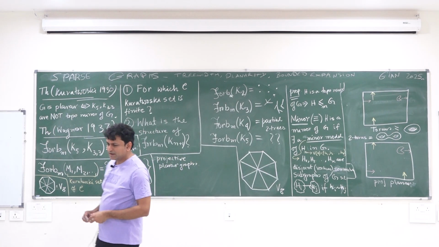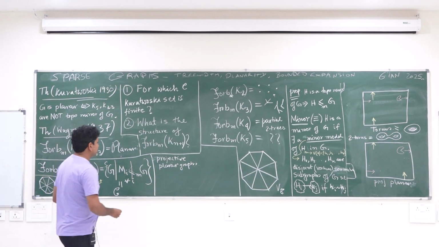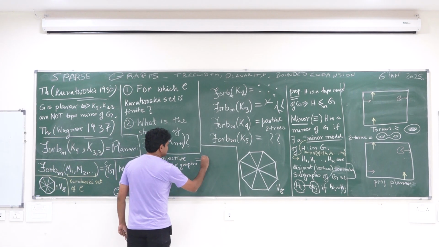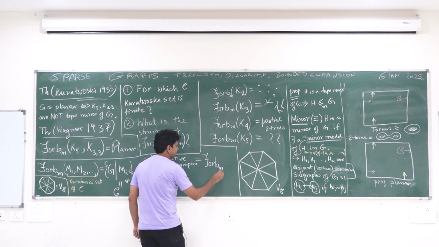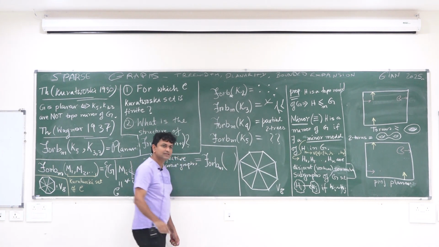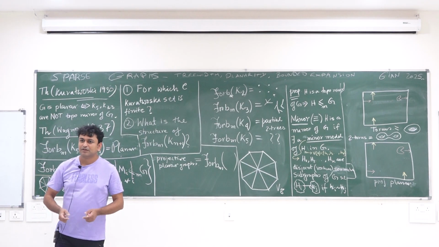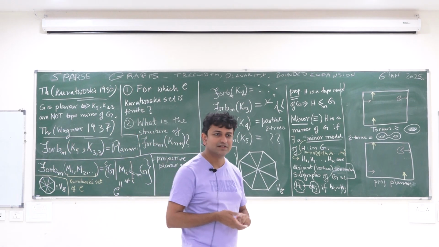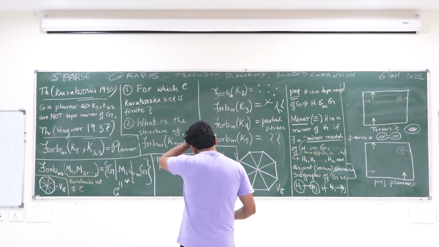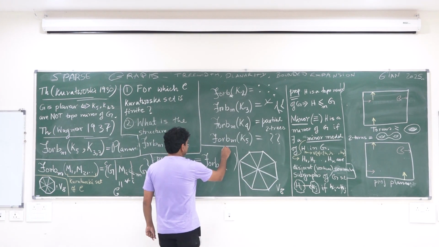So, anyways. Now the question is, is there a forbidden minor characterization of this with a finite set of minors? And there is one. It's something from 1981.